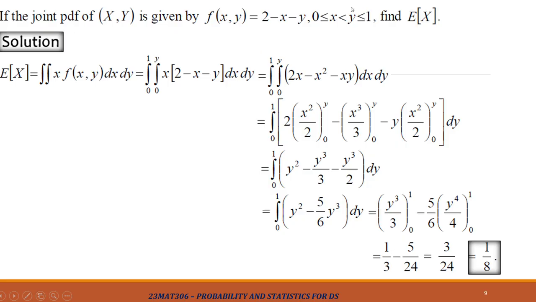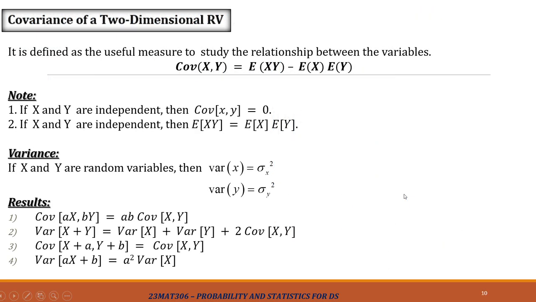Here y lies between x and 1, but the outer limit always has to be a constant limit. So y lies between 0 and 1. After that, we integrate with respect to x first and substitute the inner limits. After that, we integrate with respect to y and substitute the limits. The final answer is 1 by 8.